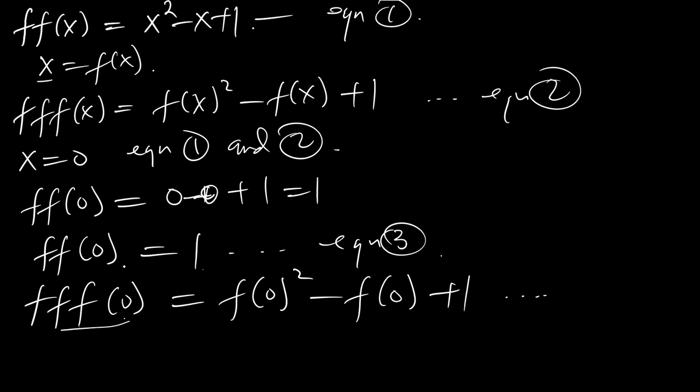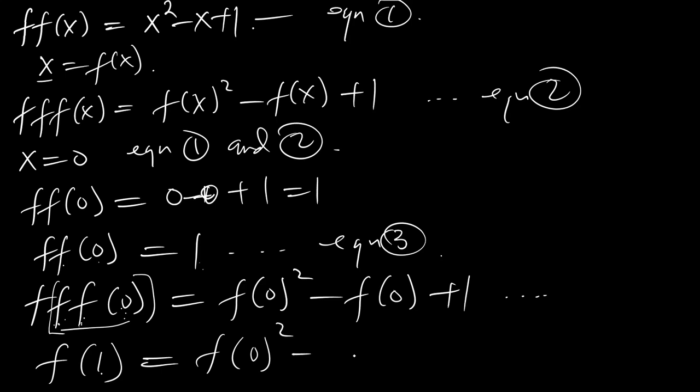Now if you look at equation 3, f of 0 is equal to 1. So wherever you see f of 0 on the left, put 1. So we now have f of 1 equal to f of 0 squared minus f of 0 plus 1. I've gotten another equation. This is equation 4.